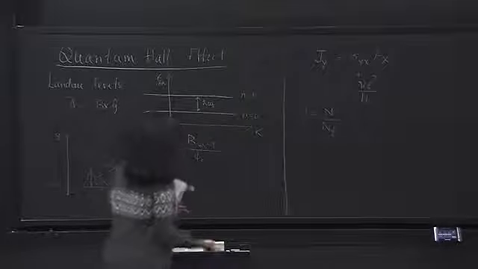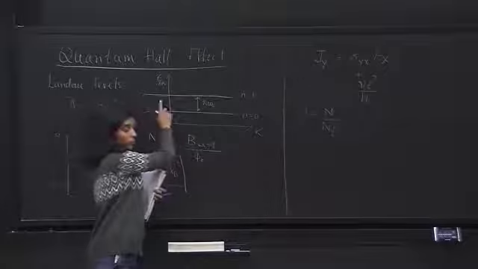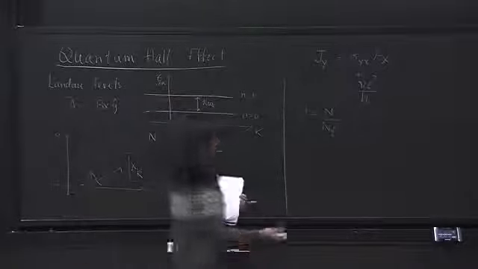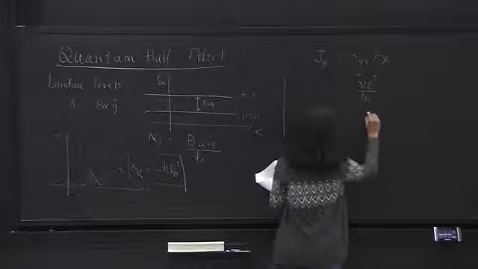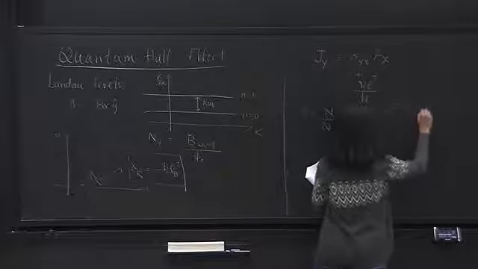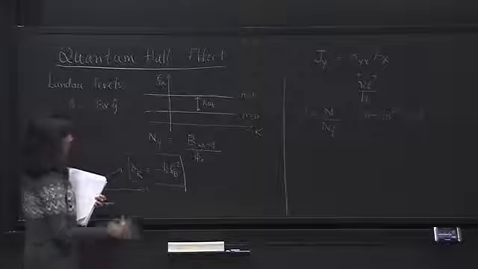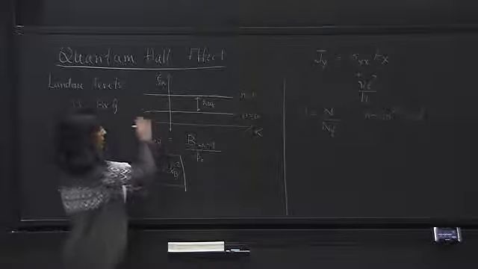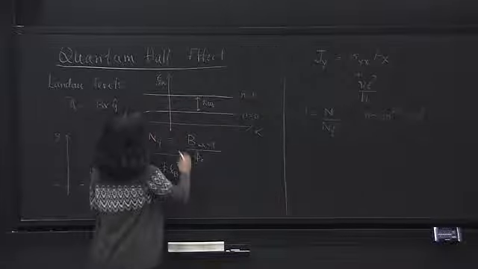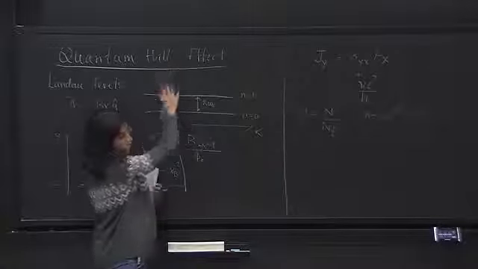Because remember, we solved the problem for a single electron, and we're trying to describe a system with some large number of electrons, with a density of something like 10 to the power 22 per centimeter cube. And so, as usual, just like we've done before with band theory, we fill the states in this spectrum. And nu tells you how many of these Landau levels are filled.